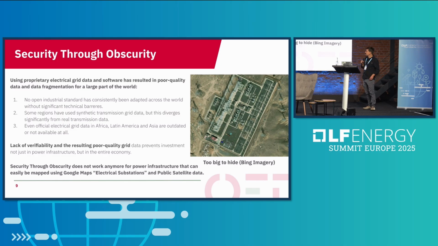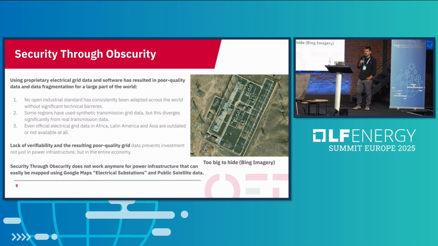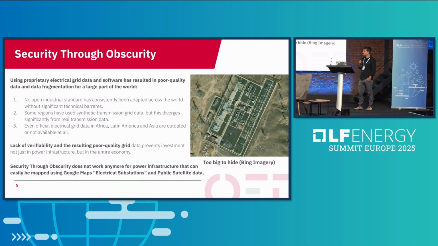So the problem we've seen so far over the last 10, 20 years is that security through obscurity, which was also done a lot in the energy domain, caused certain standards to not spread worldwide. There are standards in Europe, and certain standards used in the US, and some of them are compatible.